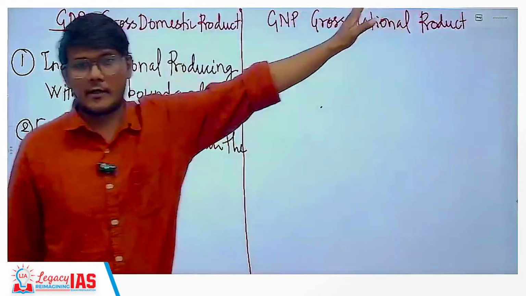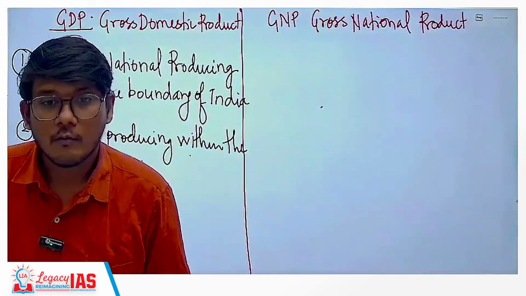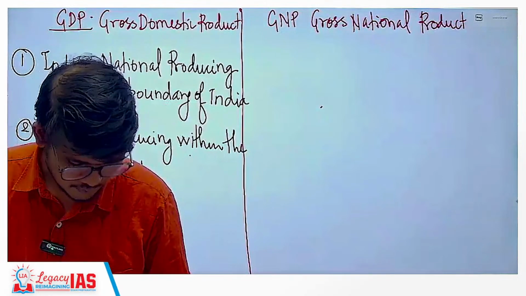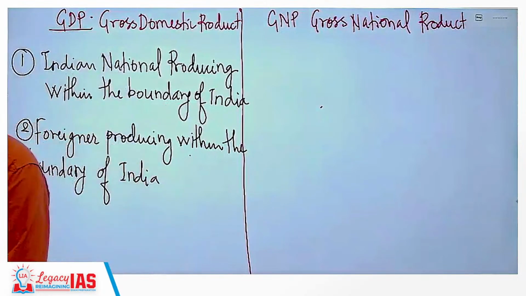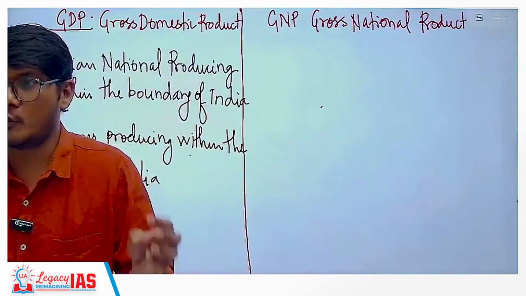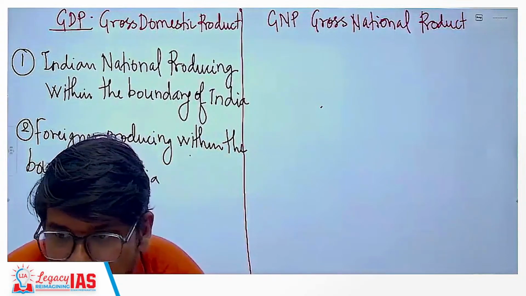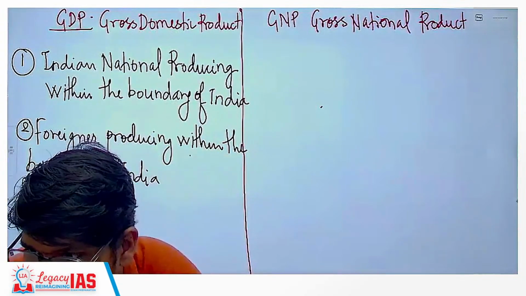Gross national product. What is gross national product? The total final value of goods and services produced by Indian national, right? So when an Indian national produces in India, still it is gross national product.